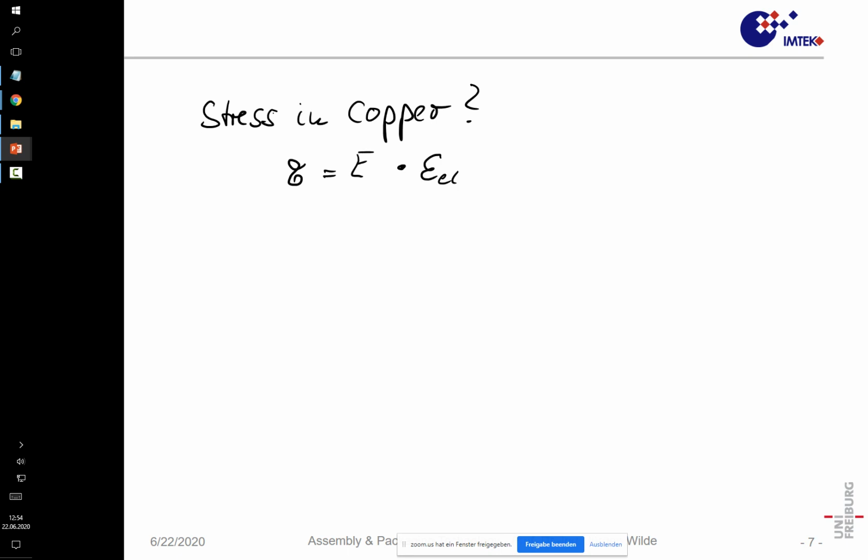Yeah, okay, very good. And that Young's modulus is 120 times 10 to the power of 3 megapascal, 120 gigapascal, but we work in megapascal. So the stress is 360.